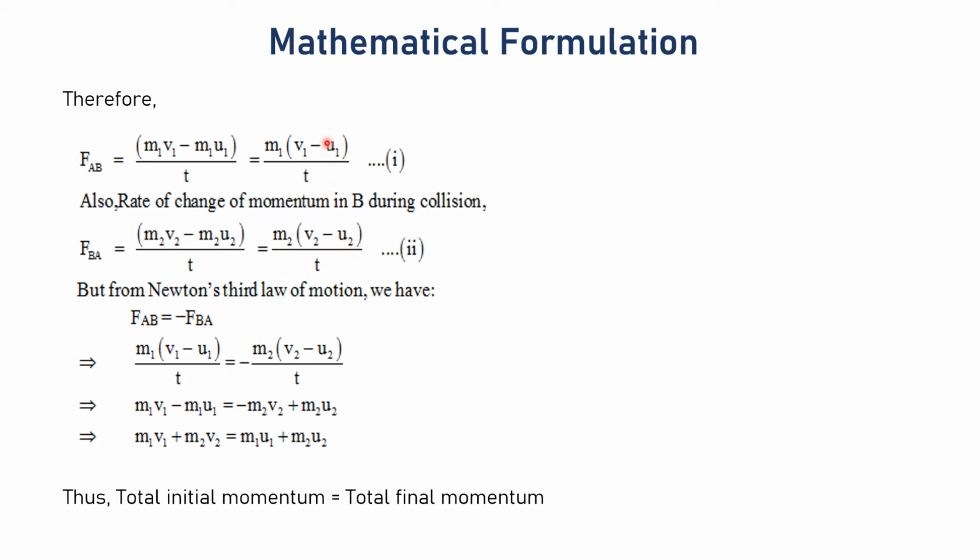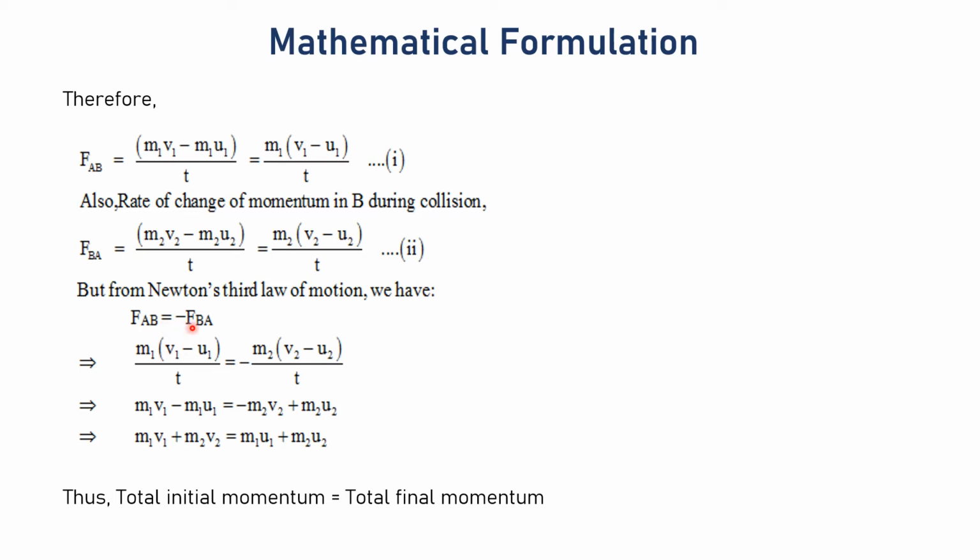So we are getting two different equations here, right? But from Newton's third law of motion, we know that the forces acting on the two different objects are equal but opposite in direction. So the force acted by object A on object B is taken as m1 (v1 minus u1) divided by t, right?